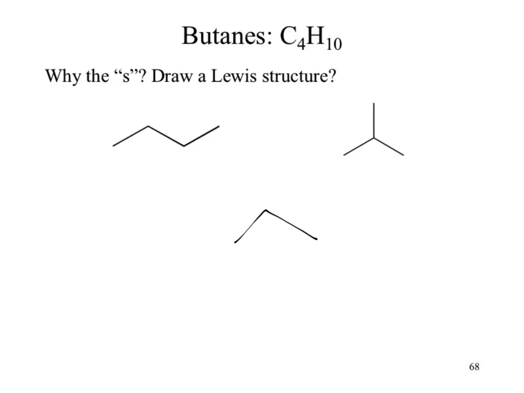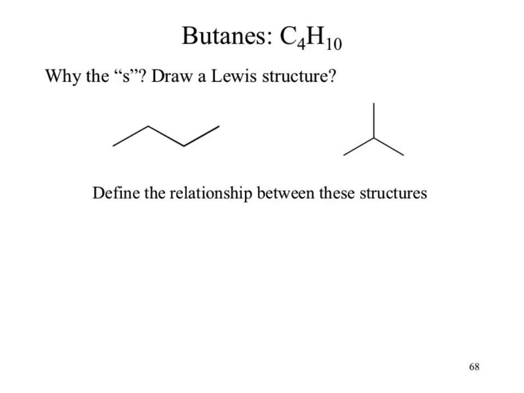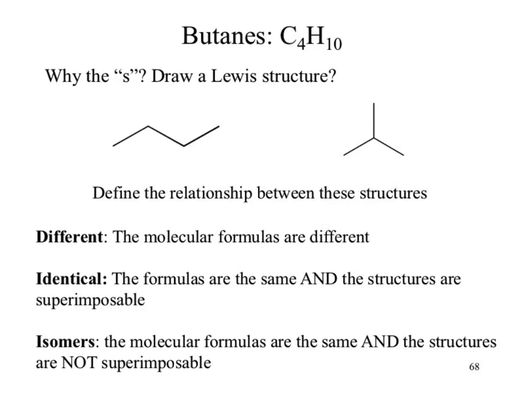The top two have an extra carbon, right? And the extra 3 hydrogens? 2 hydrogens? Okay. So we want to be able to distinguish these. So we have to define that relationship. And that gets fun. And that was kind of sarcastic.